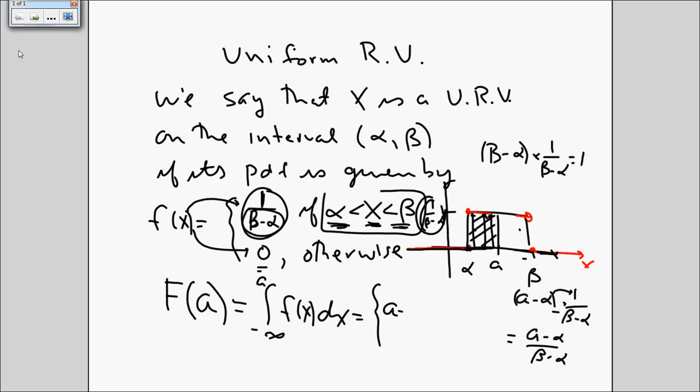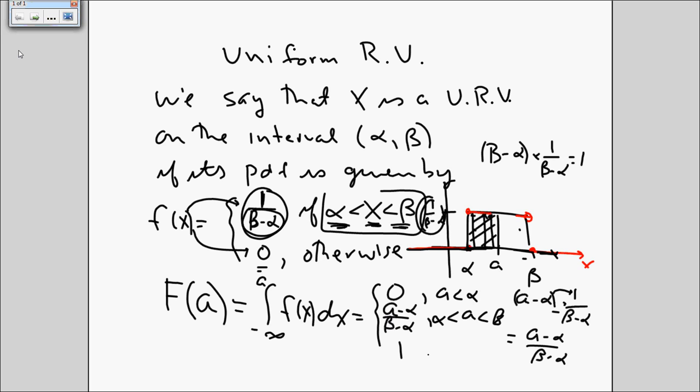The total area is A minus alpha over beta minus alpha, if A is between alpha and beta. You get 0 if A is less than alpha.